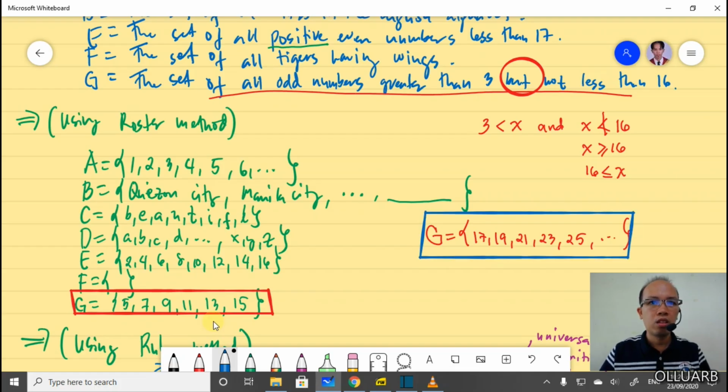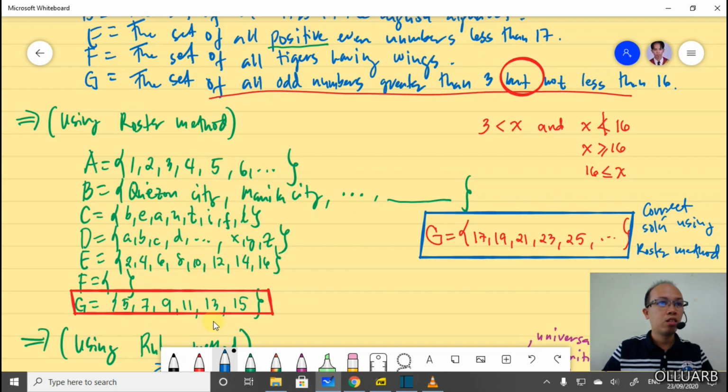This is the correct solution using roster method. So that's all. Let's proceed to empty sets, the definition of empty sets and universal sets.